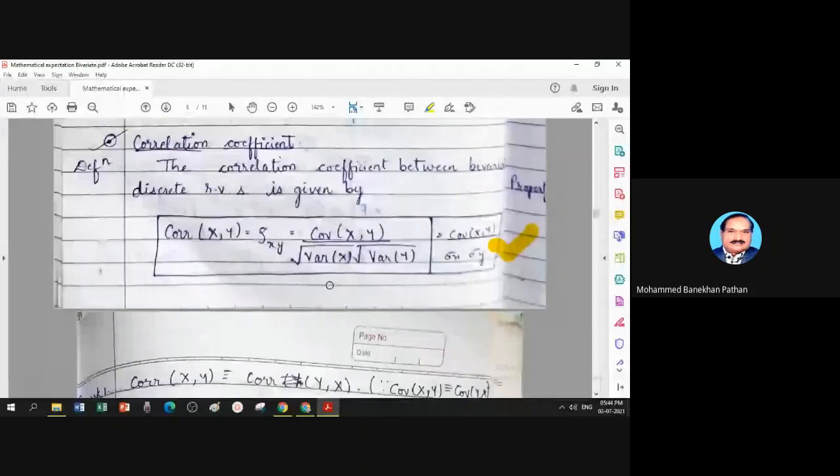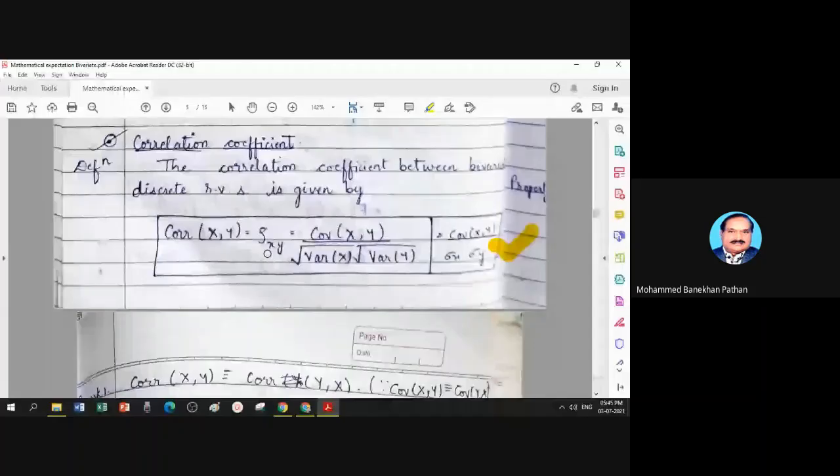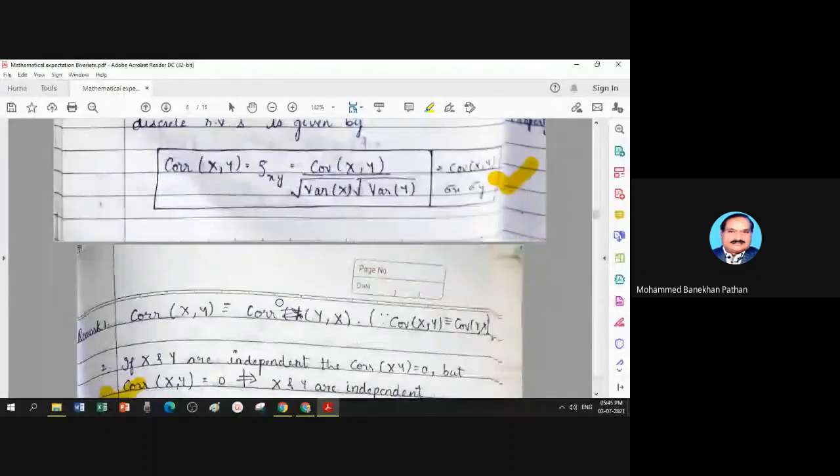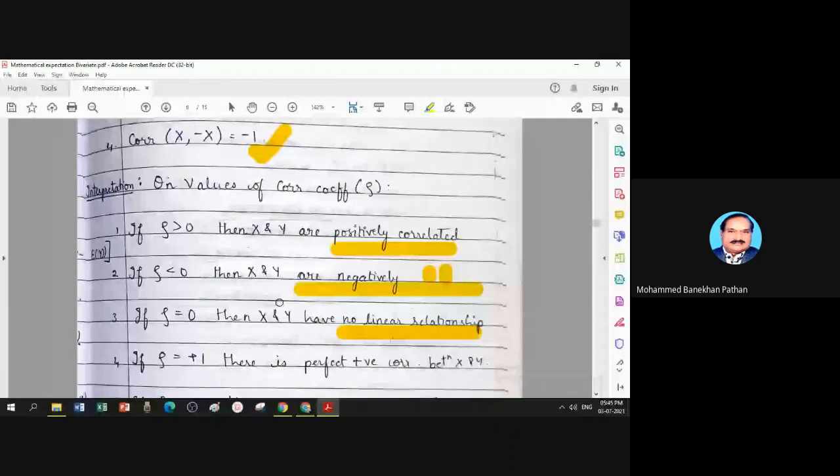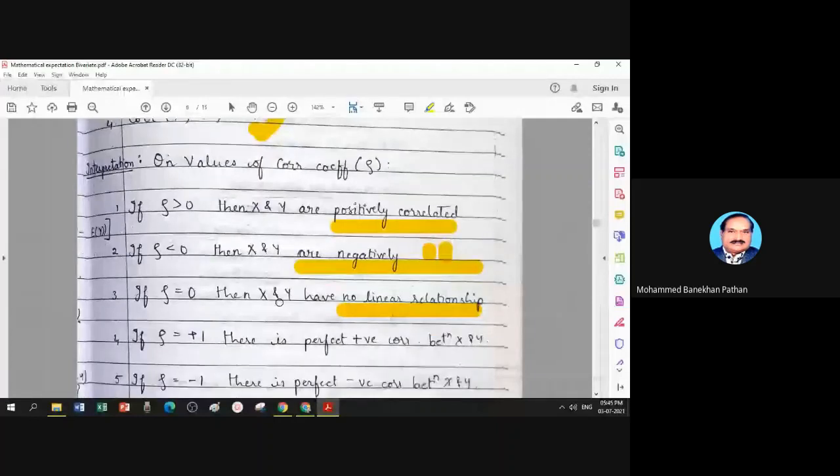Rho equal to 0, you can say X and Y are not linearly related. That means there may be another type of relation between X and Y, that may be a non-linear relation. So the correlation coefficient is used to study only linear relation, not curvilinear.